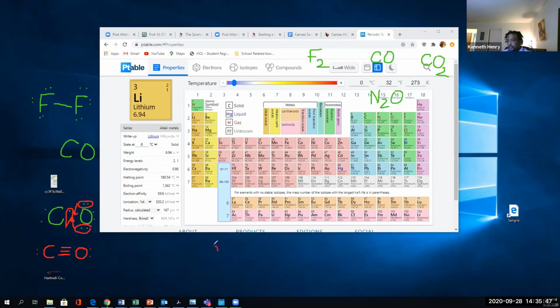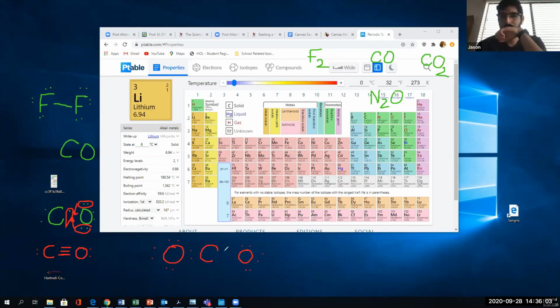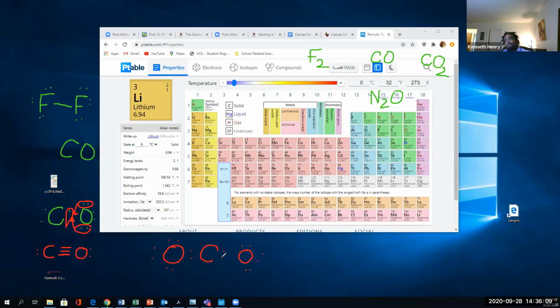Now what about CO2? I'm going to assume they have the same number of valence electrons as the last one. Okay? So how many are you going to share on this side, and how many are you going to share on this side? Is there 4 and 4?